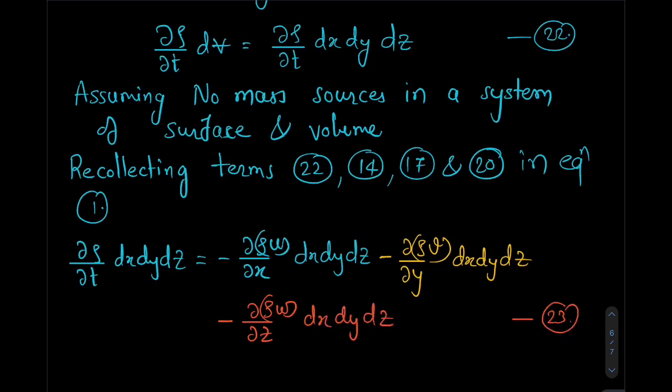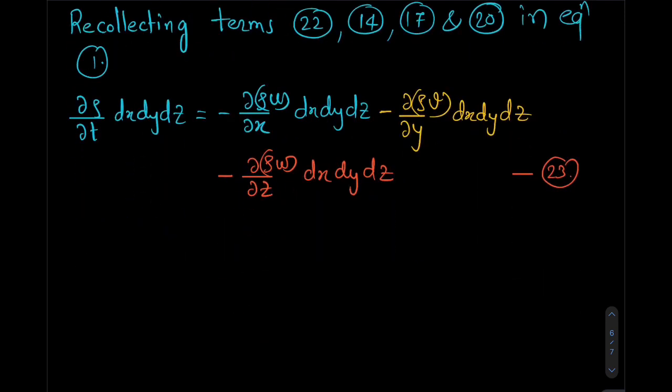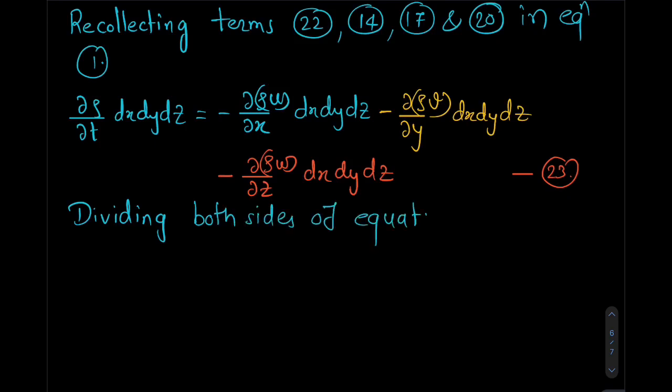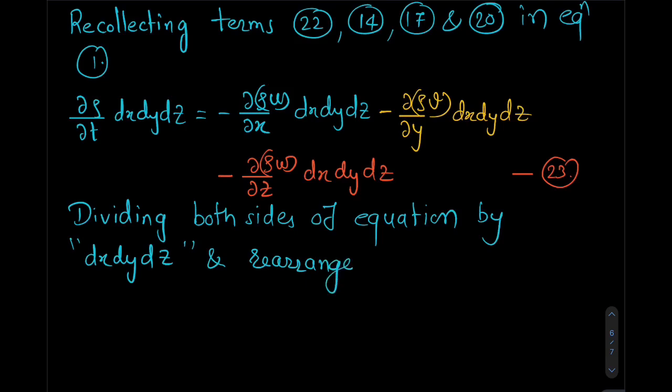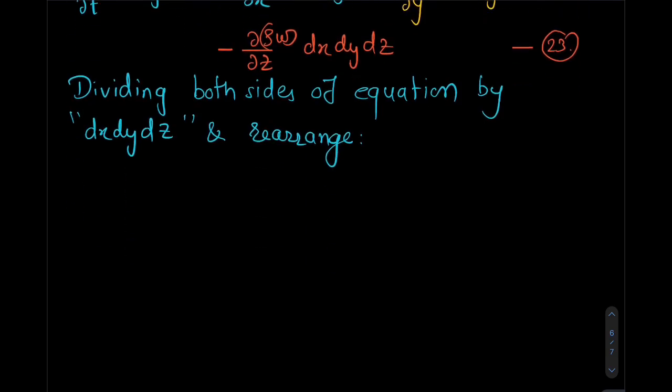So we can take this as common from both sides. Let us divide both sides of the equation by volume, which is dx dy dz, and rearrange that. Take all the terms to the left.